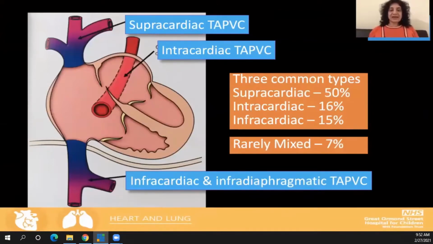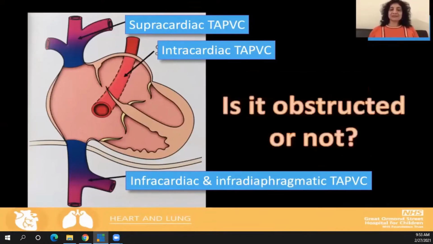In the intracardiac one, the pulmonary venous confluence drains either into the right atrium or into the coronary sinus, and it accounts for 16%. The infracardiac one accounts for 15% of all cases. Here, the channel, the descending vein, goes below the diaphragm into the portal venous system.